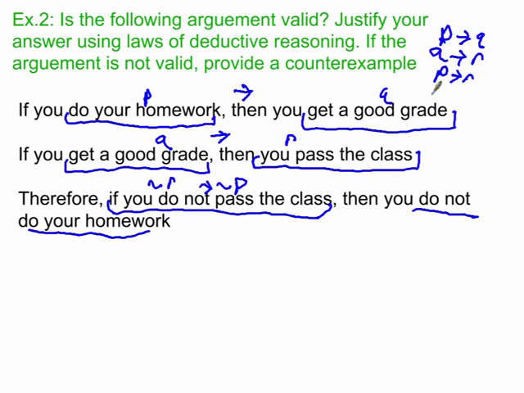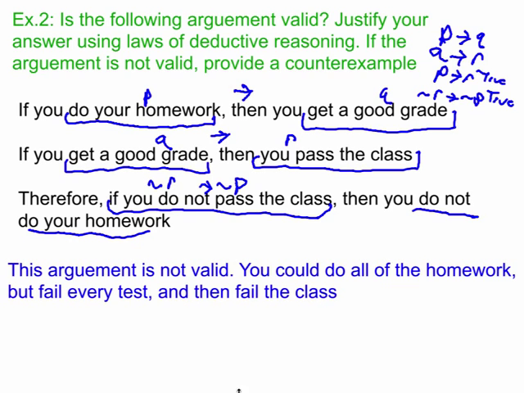We know P implies R, and now I have not R implies not P. This is the contrapositive, and by the law of contrapositive, these have to both be true or both be false. So if my P implies R is true, then not R implies not P must also be true.